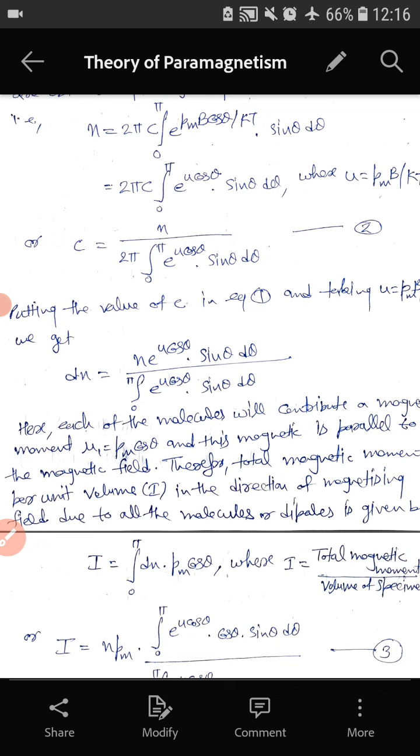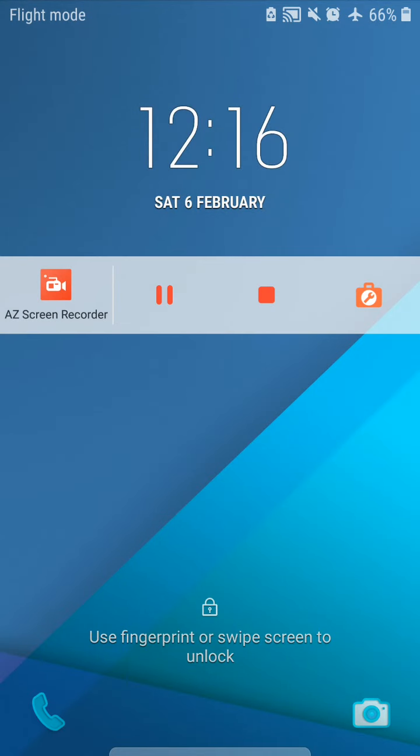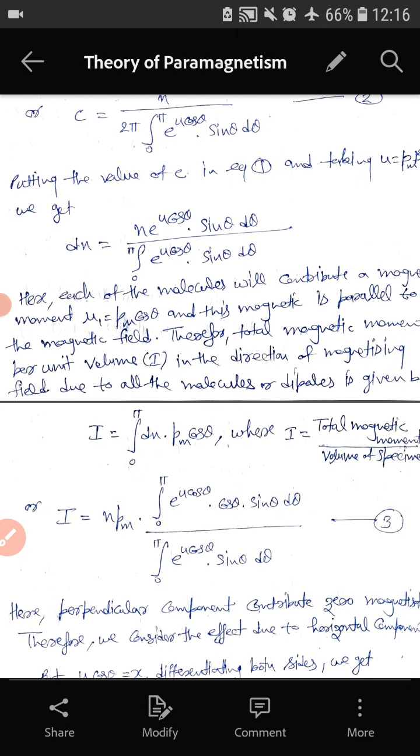Therefore, the magnetic moment per unit volume in the direction of the magnetizing field due to all molecules or dipoles will be given by the integral of this. If we multiply the total number of particles lying in that range theta to theta plus d theta by the magnetic moment associated with that dipole, that will give us the total magnetic dipole moment per unit volume, which is I. So now substitute the value of dn which we have calculated in this integral.